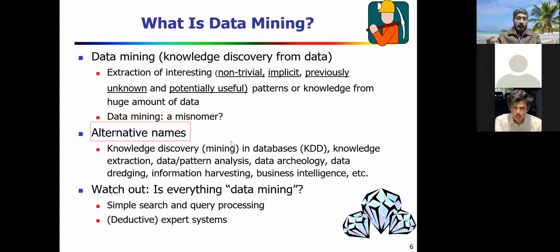But what are we mining? We are mining earth. So in that sense, the name should have been knowledge mining. But of course, we don't use that name. We say data mining. We are going through data to find knowledge, and we call it data mining. And as I said, KDD is also used interchangeably with data mining.